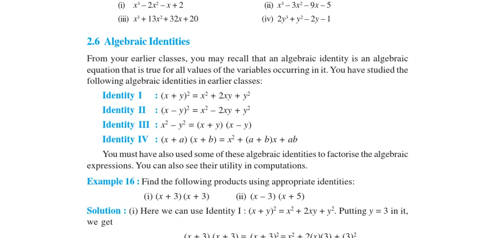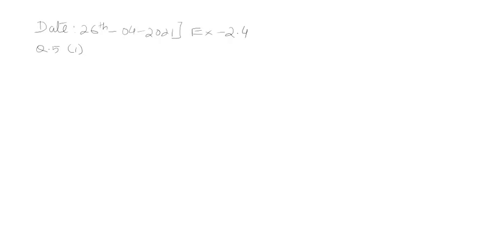Anyone can dictate it. When I write, you will say, because I change the page, so I will not be able to see the question. Okay, so the first part is x cube minus 2x square minus x plus 2.